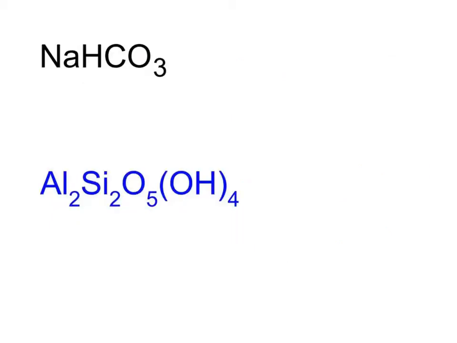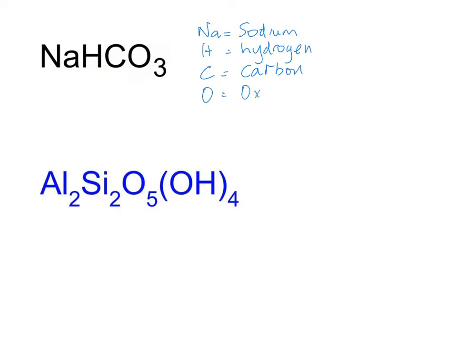Alright, now this is a thing called sodium hydrogen carbonate, or more commonly called sodium bicarbonate. So let's look at capital letters. We got 1, 2, 3, 4 capital letters, so we're going to have 4 elements involved in it. We can have Na, which is sodium, H, which is hydrogen, C, which is carbon, and O, which is oxygen.